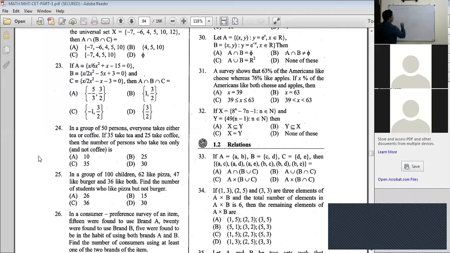And 47 like burgers, called N of B, which is 47, and 36 like both, P intersection B, which is 36. Then how many of the children like pizza but not burger? Means only pizza.